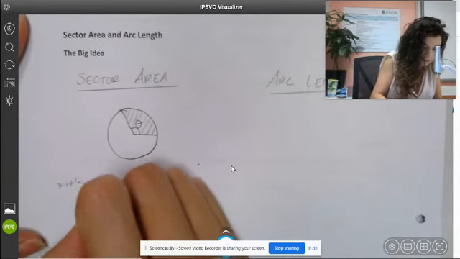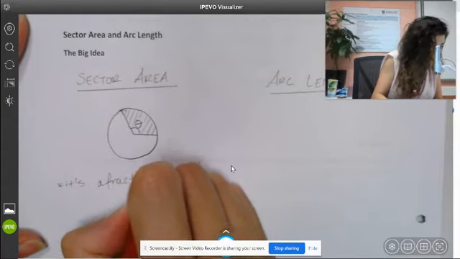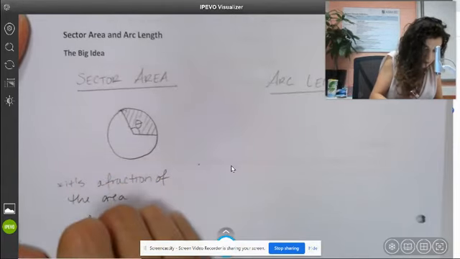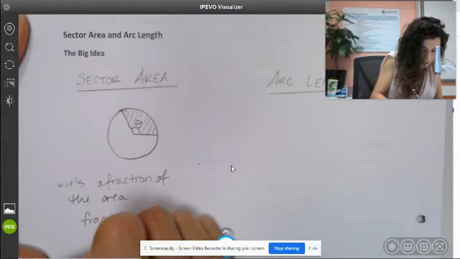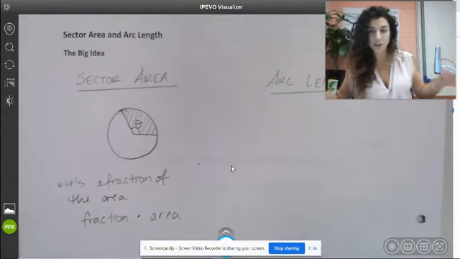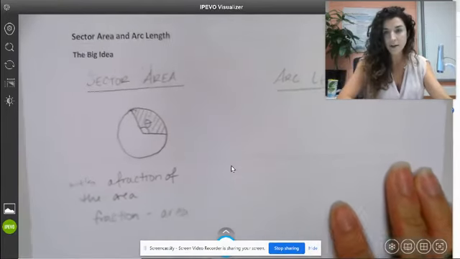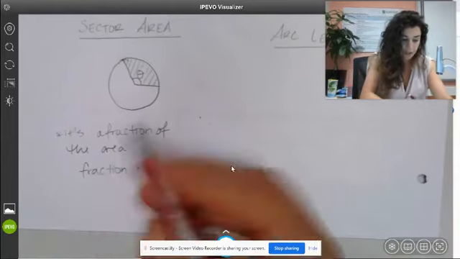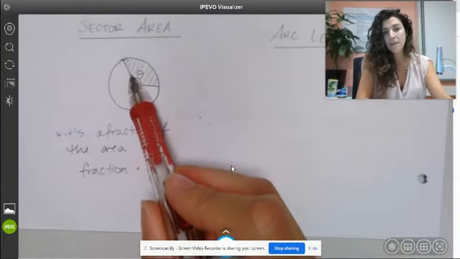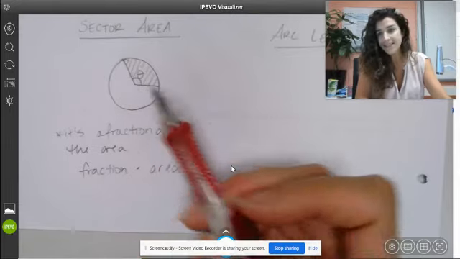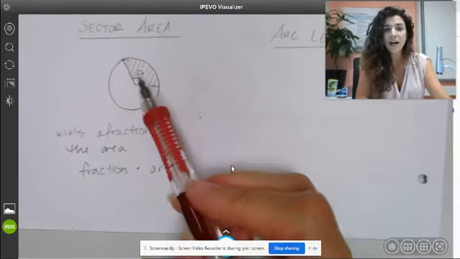So it's a fraction of the area. Well, fraction times area would give us that idea of the fraction of something. So we need to find all of those pieces in order to then find the area of the sector. The fraction here is indicated by what we call a central angle, because it's the angle that's in the center.